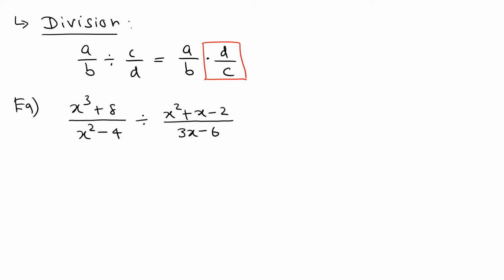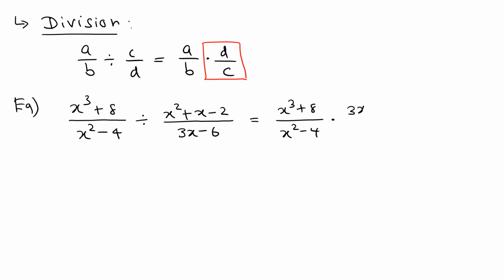So we have x cubed plus 8 over x squared minus 4 divided by x squared plus x minus 2 over 3x minus 6. By the theory, we can write the first one as it is, x cubed plus 8 over x squared minus 4, then make the division a multiplication and flip over.